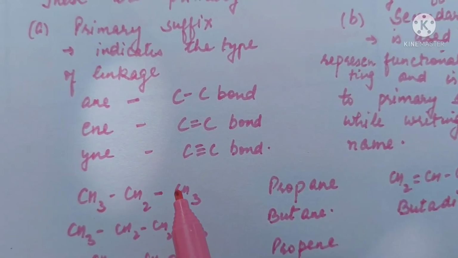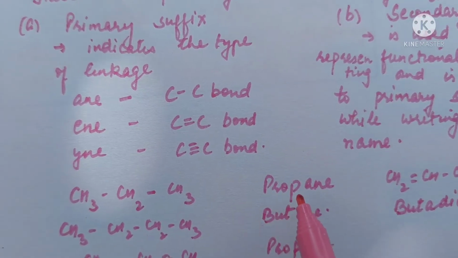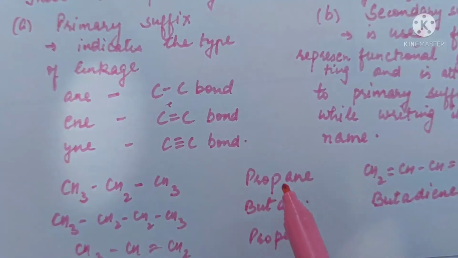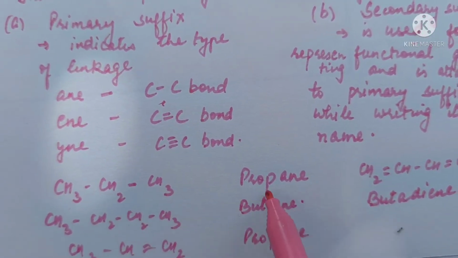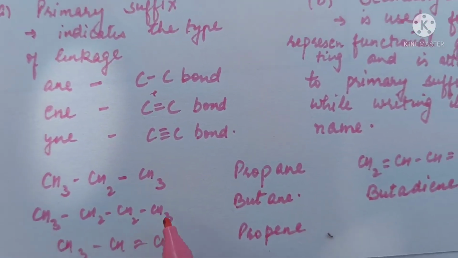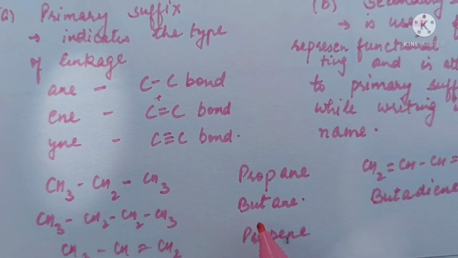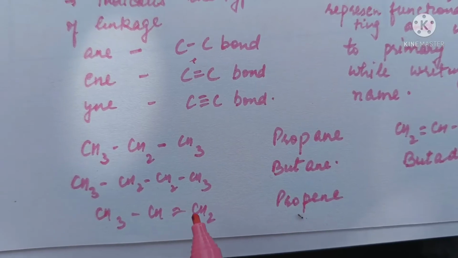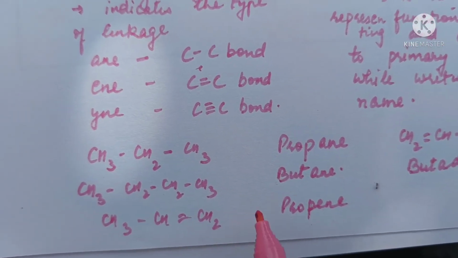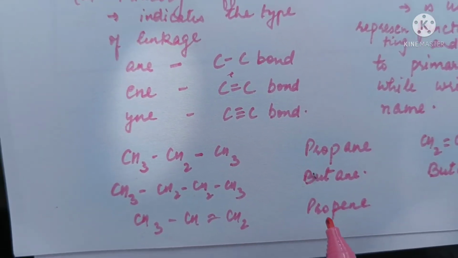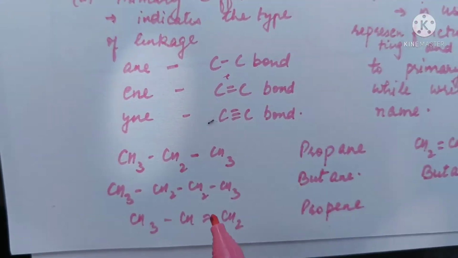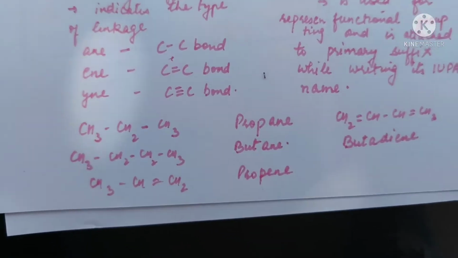There are 3 carbon atoms, so the word root is prop and the suffix is ane for single bonds, so the name of the compound becomes propane. Similarly, single bonds and 4 carbon atoms is butane, and 1 double bond and 3 carbon atoms, prop as word root and ene as double bond, so the name becomes propene.